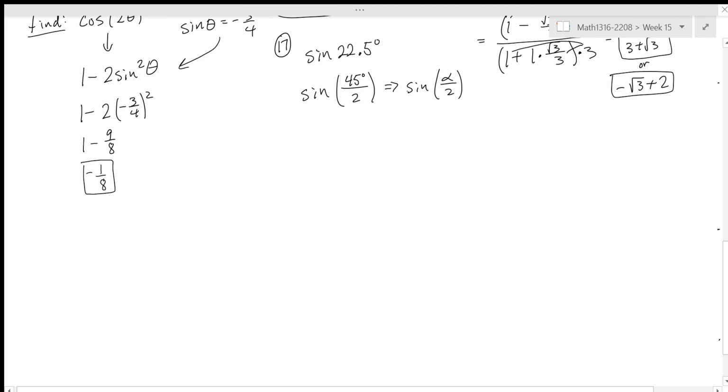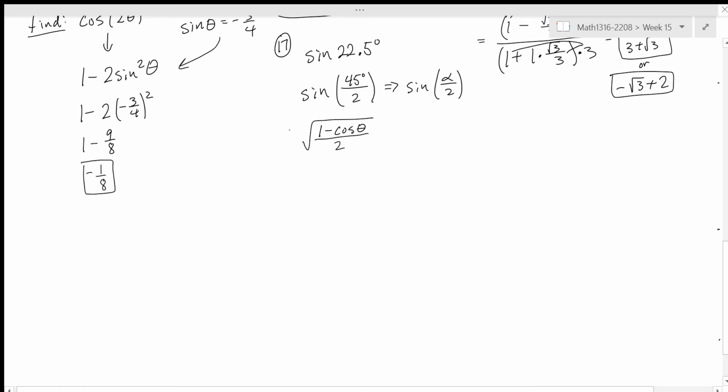What is the formula for sine of alpha over 2? Square root of 1 minus cosine theta over 2. Did I get that right?